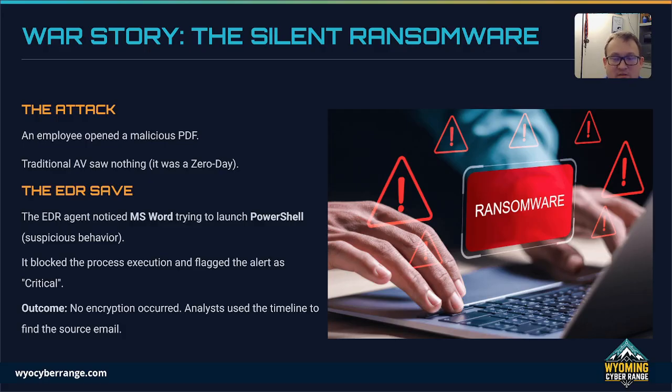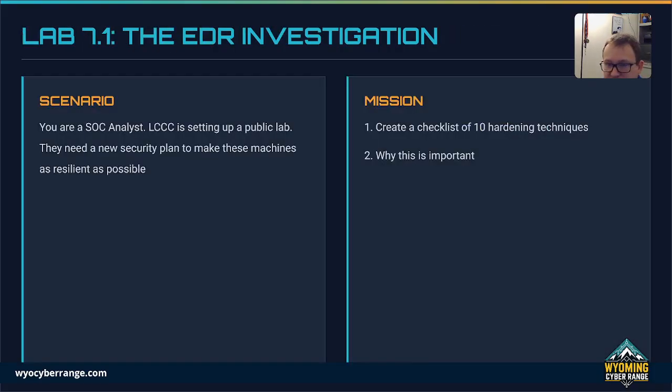That is suspicious behavior. It didn't care what the file was named, it cared what it did. It blocked the process immediately, and the outcome is, no encryption occurred. The analysts used the EDR timeline to track it back to a phishing email and prevented it from happening in the first place. So now it's your turn.